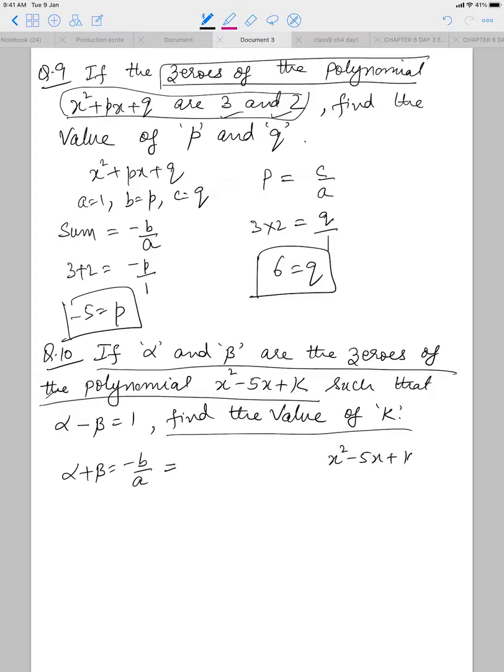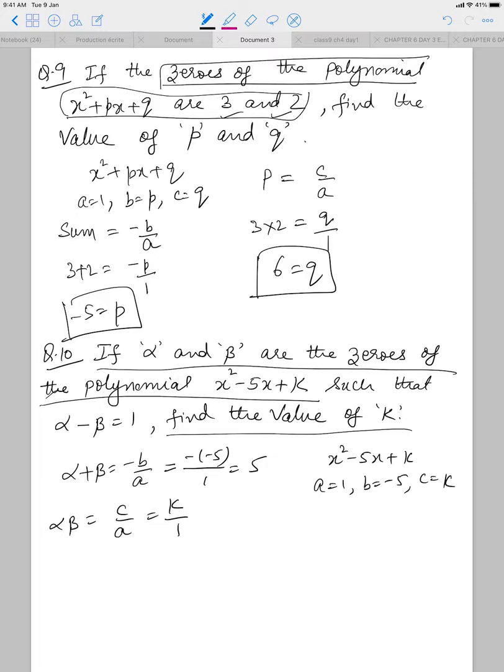This is the polynomial. Here a is equal to 1, b is equal to minus 5, and c is equal to k. So minus b upon a will be 5. And alpha into beta is equal to c upon a, which is equal to k upon 1.